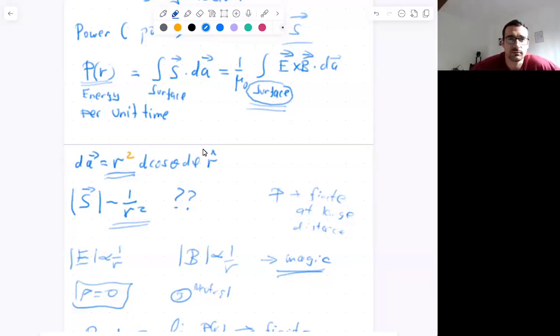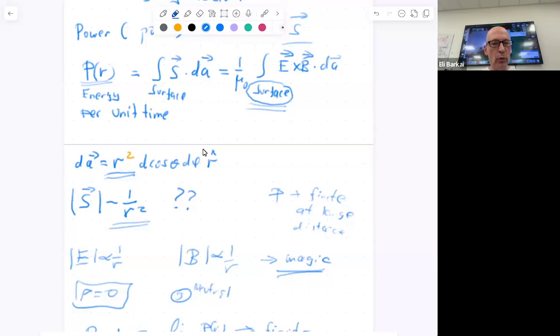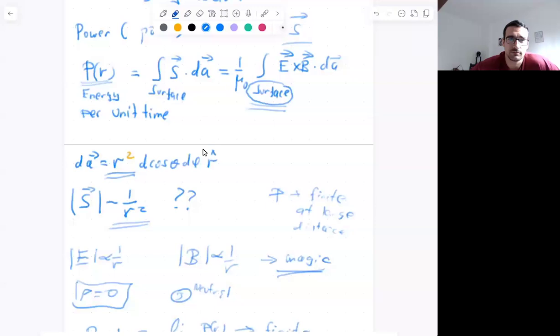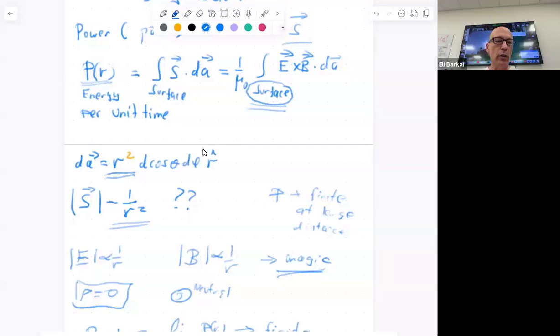That is my question. Because imagine that I communicate with you and you are very far away, and 1 over r, so you agree that 1 over r is much, much less than a constant. Yeah, sure. When r goes to infinity, at a very large distance, 1 over r is 0. That's all.